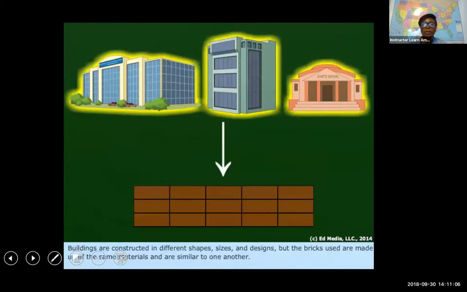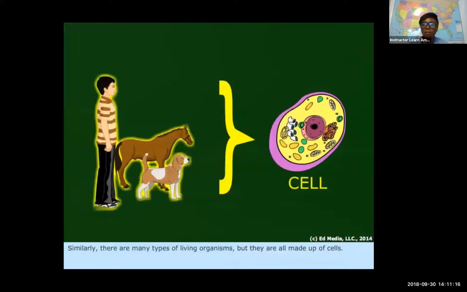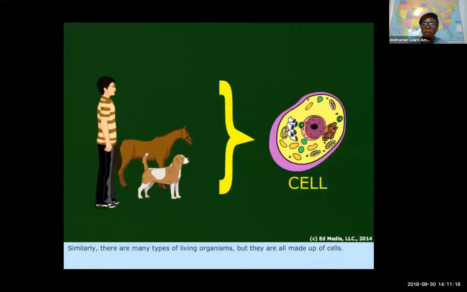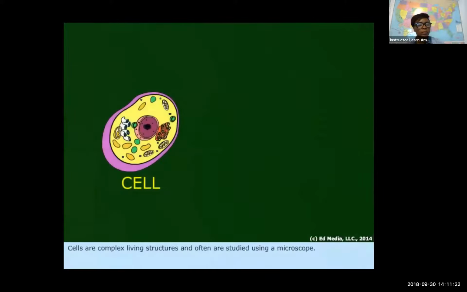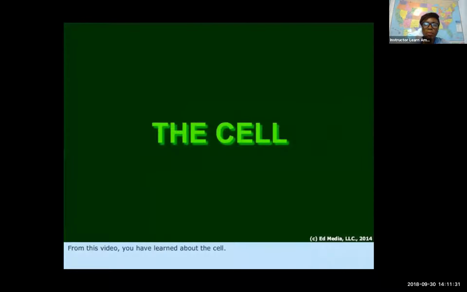Buildings are constructed in different shapes, sizes, and designs, but the bricks used are made up of the same materials and are similar to one another. Similarly, cells are complex living structures and often are studied using a microscope. From this video, you have learned about the cell.